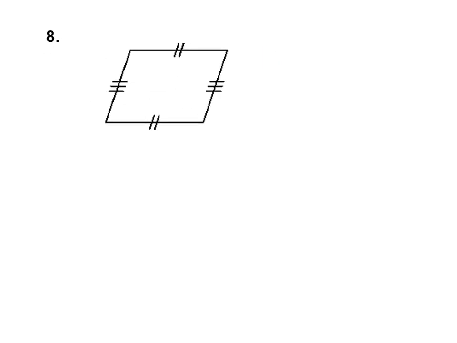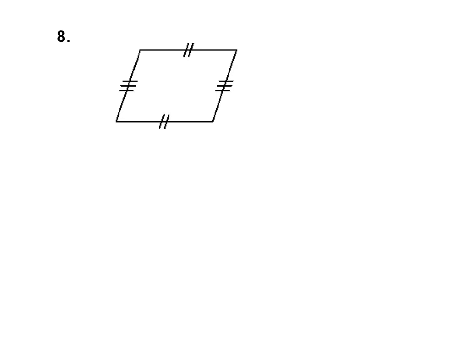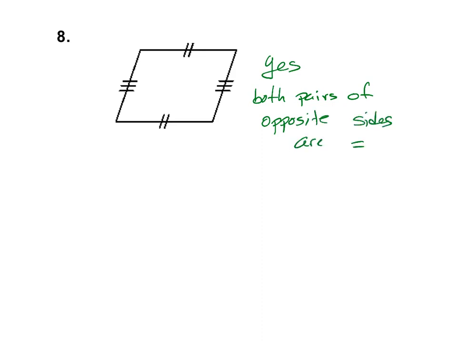Number 8, I have information that this side is congruent to this one and that this is congruent to that one. So yes, I have enough information because both pairs of opposite sides are congruent.